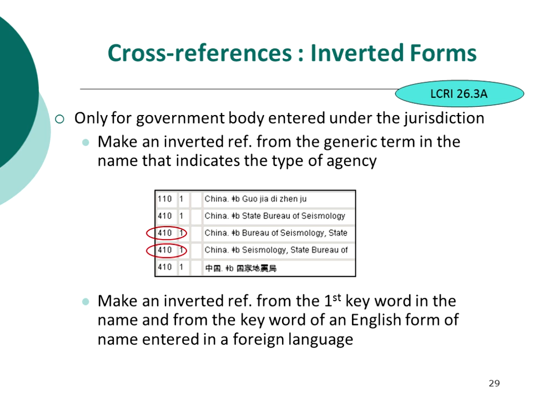Pay attention to the second red circle here, which is the third 410 you are seeing. The keyword of an English form of the name is the word Seismology. You can usually take the keyword to mean the subject word.